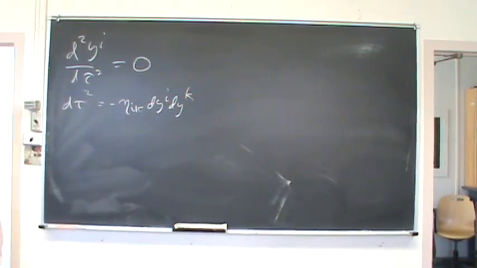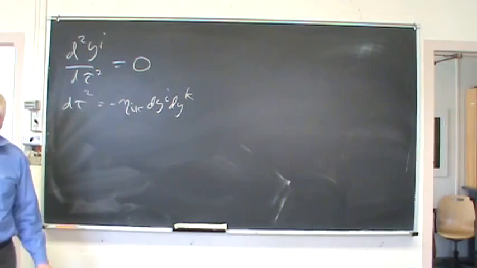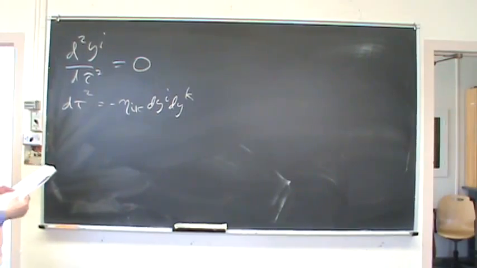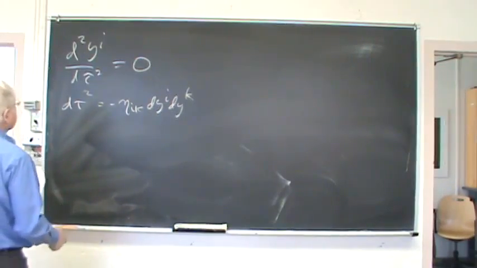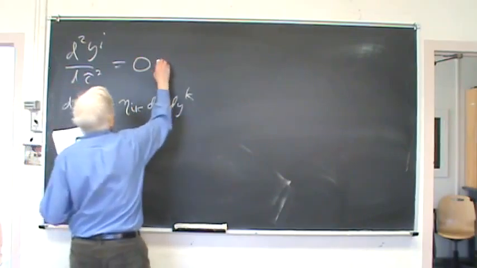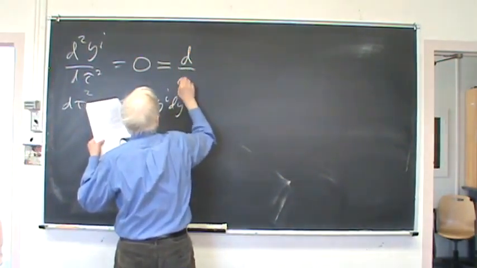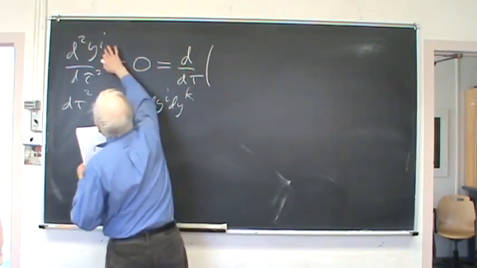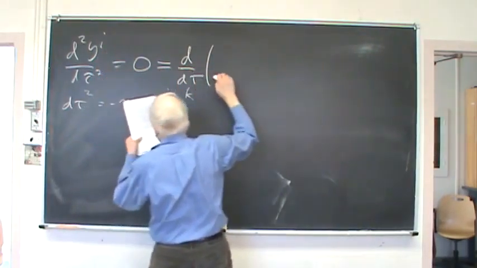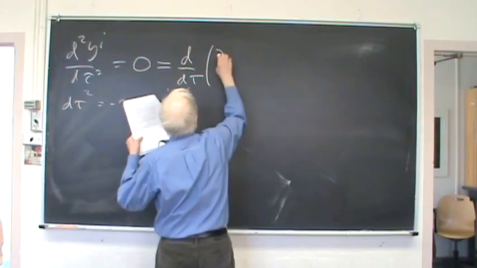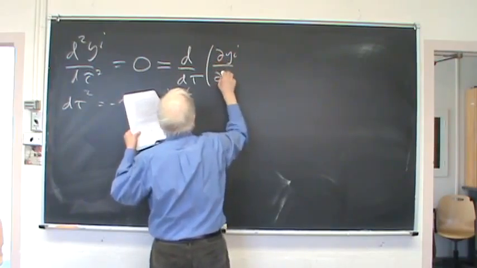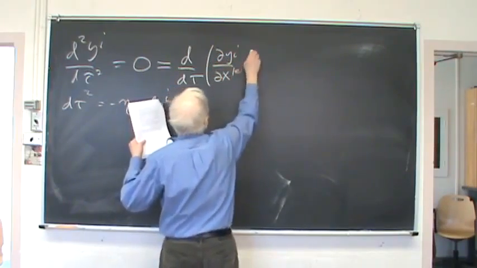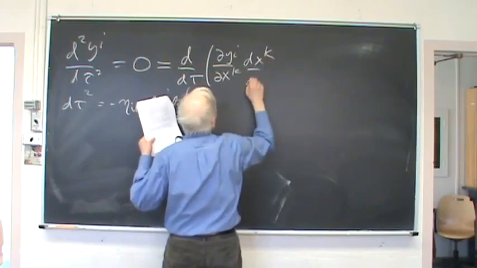Okay, so now let's look at this equation. Let's transform back now to the x coordinates. So what is that equation? Well, it's d by d tau of dyi d tau, but dyi d tau is dyi dxk times dxk d tau.